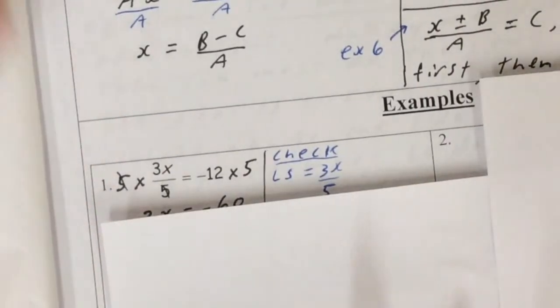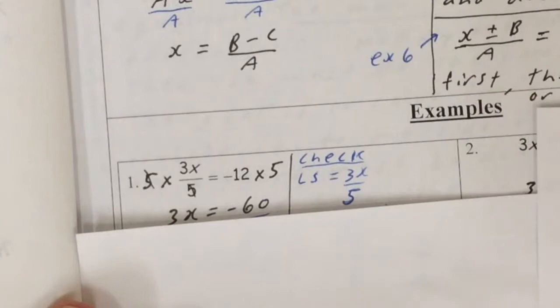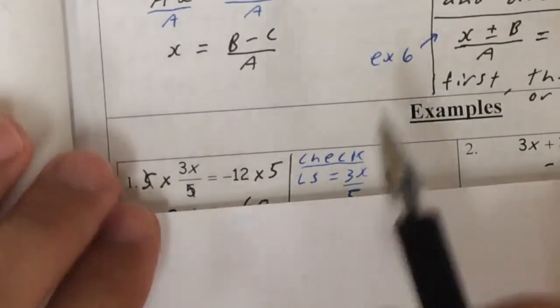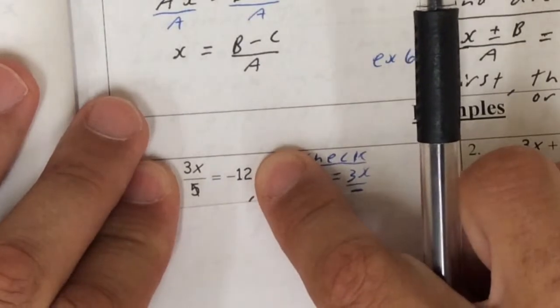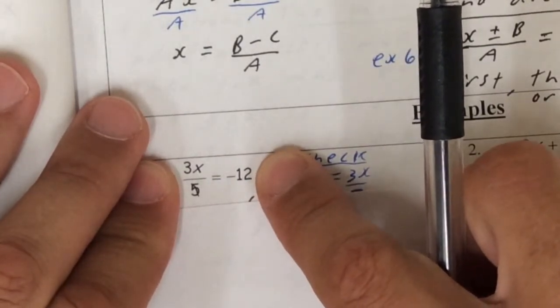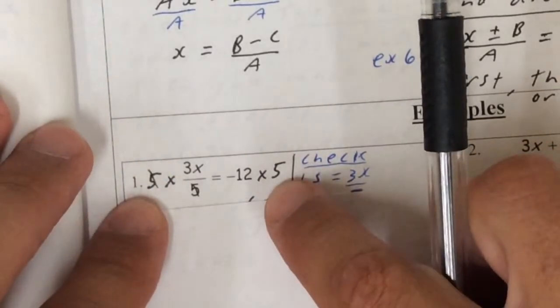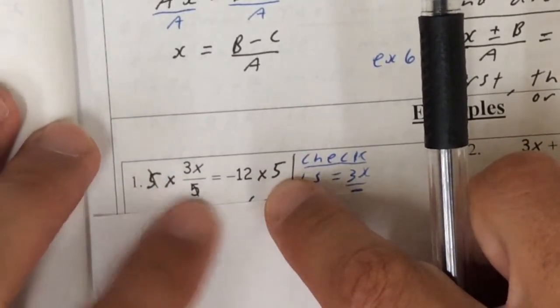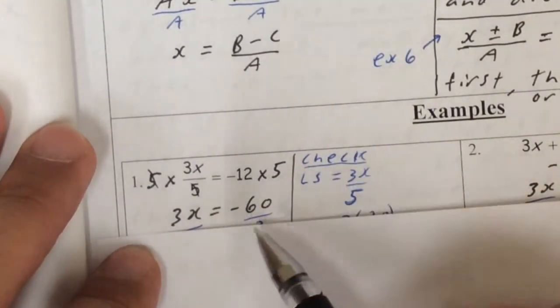Example 1: we've got 3x over 5 equals negative 12. So we're going to multiply both sides by 5 first to get rid of that 5, and then you get 3x equals negative 60.